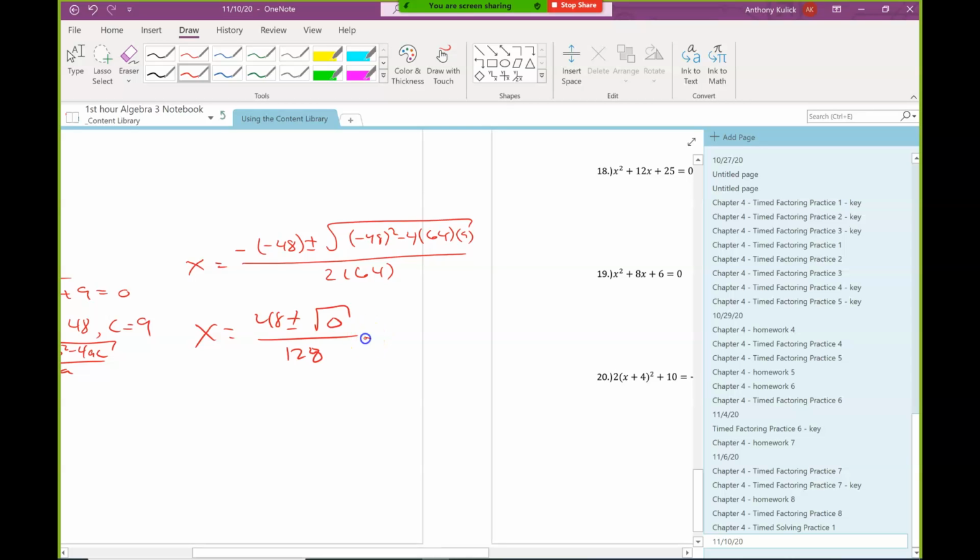And the square root of 0 is just 0. And anything plus 0 is itself, and anything minus 0 is itself. So I really just have 48 over 128, where if I reduce that fraction, it goes down to 3/8.